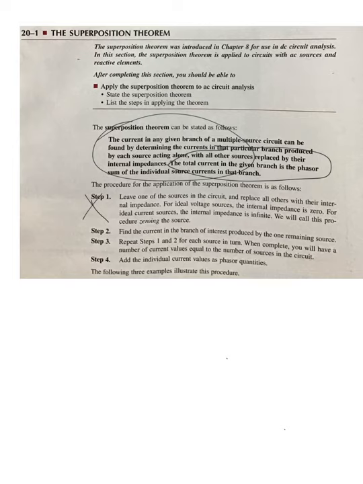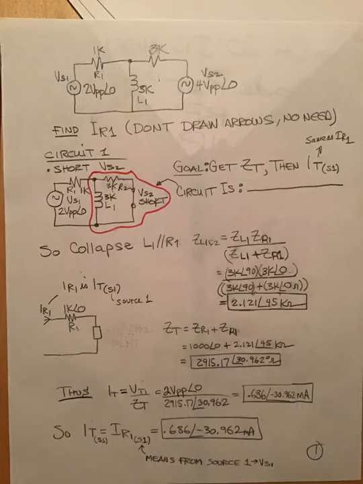Here we go. Page 3. We're actually going to work a circuit at this point. This is just a simple T circuit with 2 power supplies. We want to find the current through the first resistor.